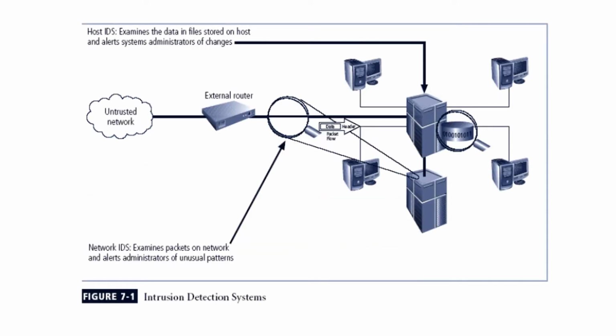Look at this diagram where the external router is there. This is the server. We are watching this under the lens here, right? And this is the IDS system. The host IDS examines the data in the files stored on the host and alerts the system administrator of changes.